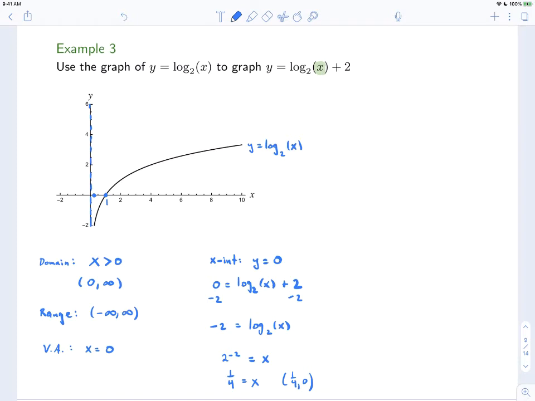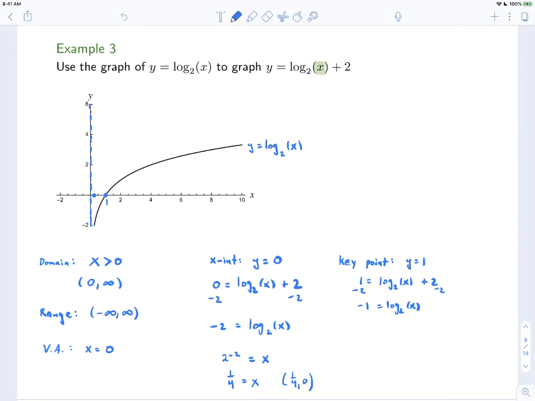What about our key point now? Key point. That's where y is equal to 1. So 1 is equal to log base 2 of x plus 2. Again, we subtract 2 from both sides, and we get minus 1 equals log base 2 of x.